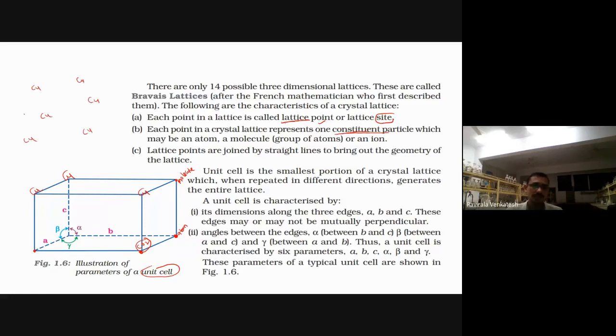Now I am joining these lattice points. All these coppers are nothing but lattice points, and I am joining them together in the form of straight lines like this. If you join in this way, you will get a geometry like this.